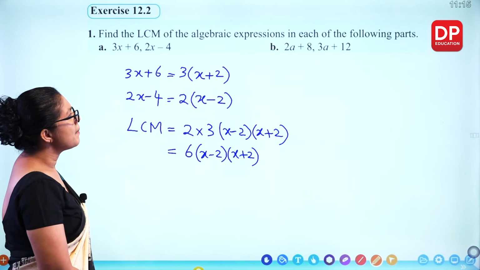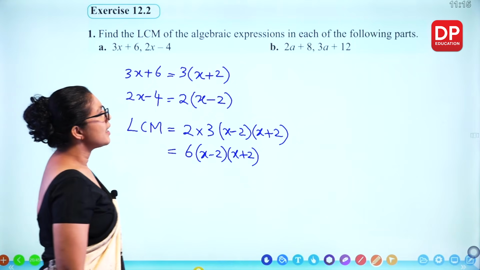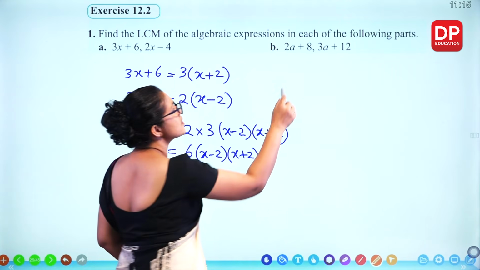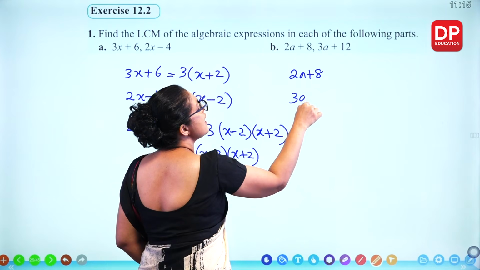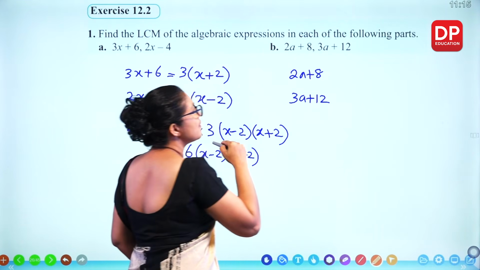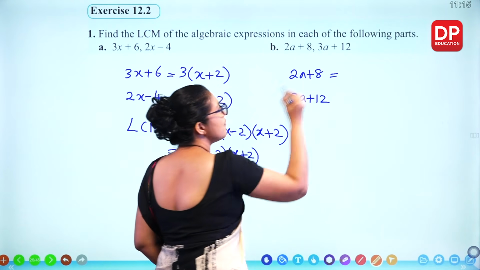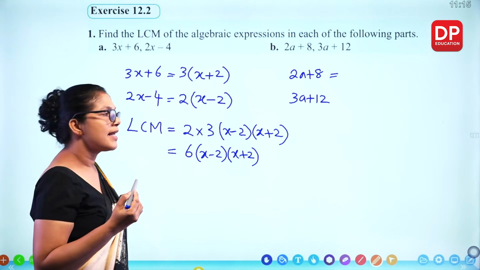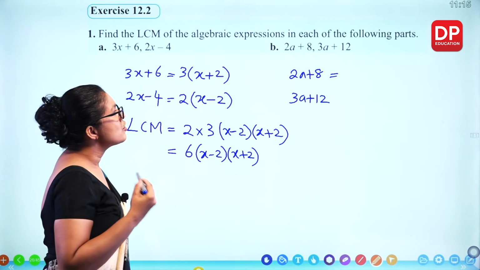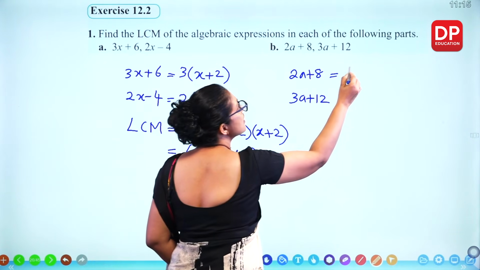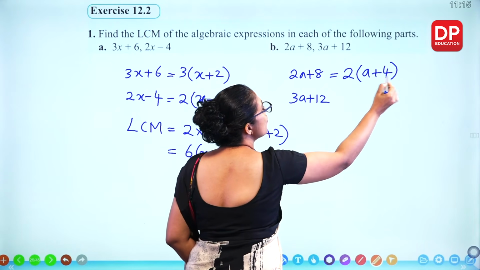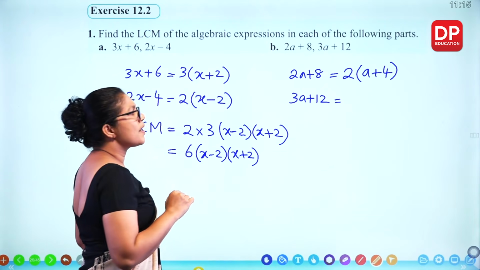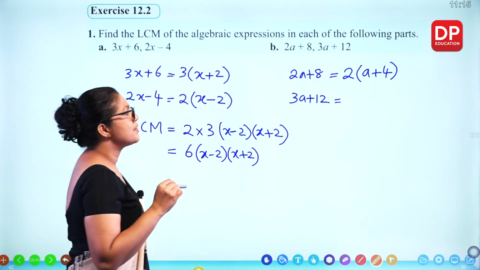Now look at the second part. What are the two binomial expressions? 2a plus 8 and 3a plus 12. So here, factorize this. What's common there? I can see 2 is common. Take it out. What's remaining? A plus 4. In this one, what is common? 3 is common.